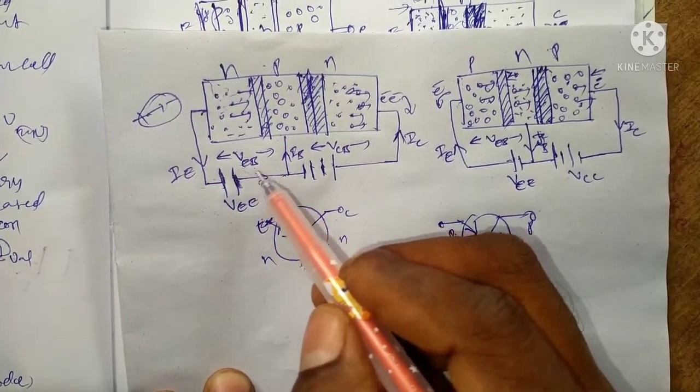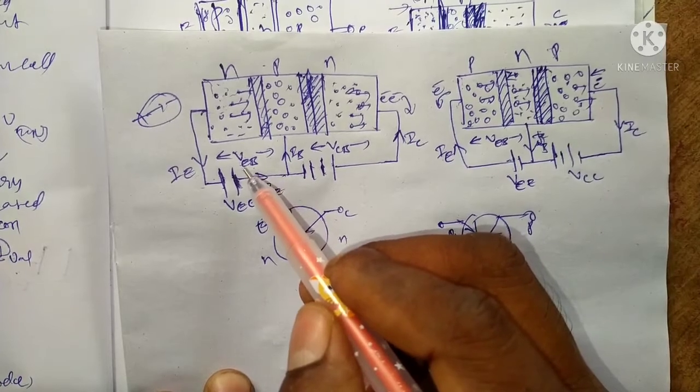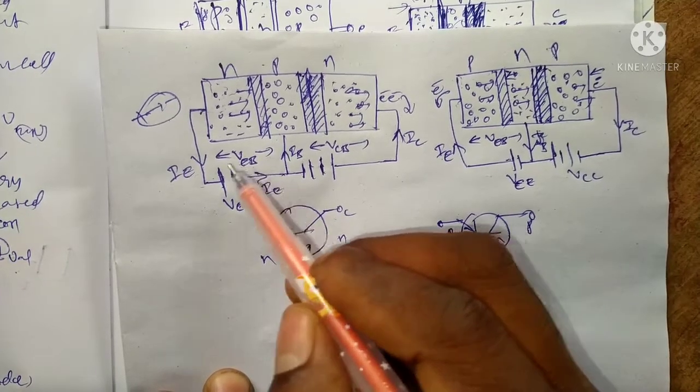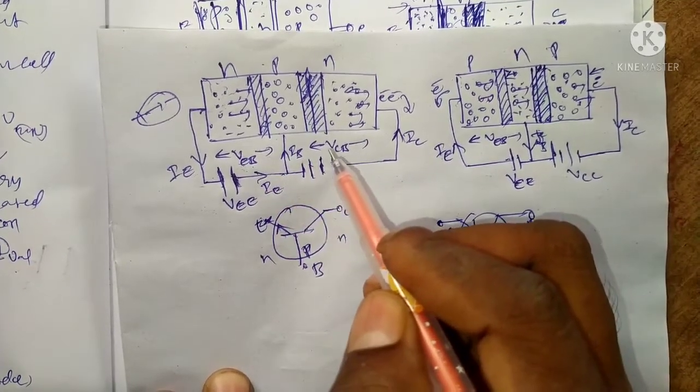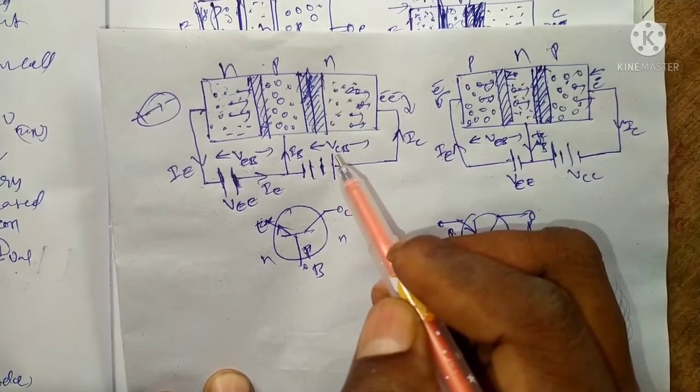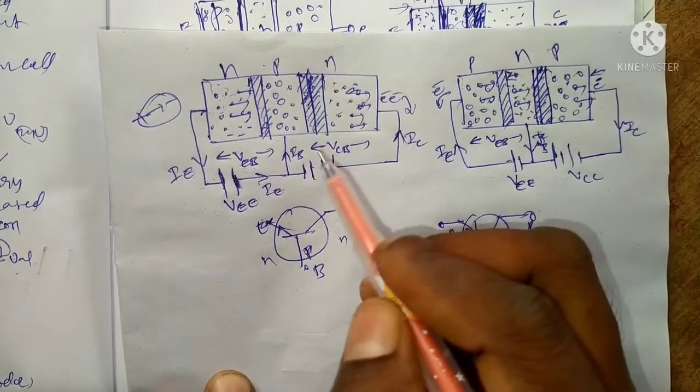Here VEB is the voltage developed between the emitter base junction. Here VCB is the voltage developed across the collector base junction.